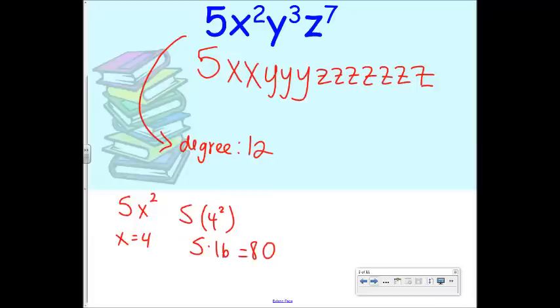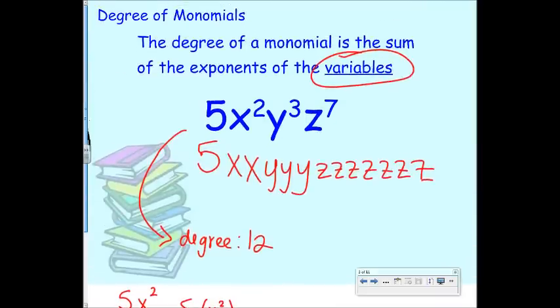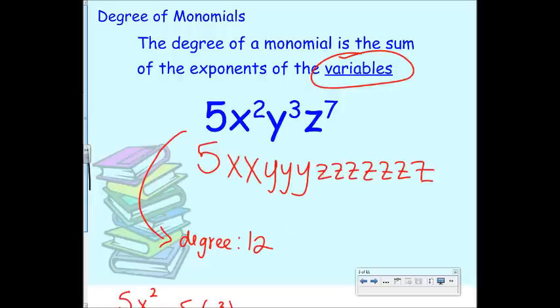So that wouldn't be wrong, but I would have to give you this to do that. Since I don't do that up here, there's nothing you can do to simplify it. That's not wrong, though. Okay, so the degree is essentially how many variables you have. So in this monomial, which is a pretty complicated monomial, we have a degree of 12.